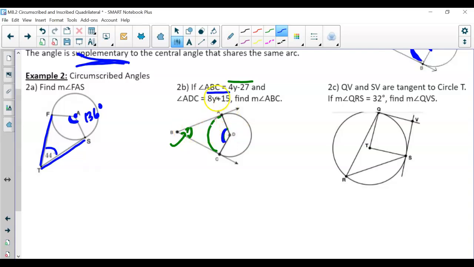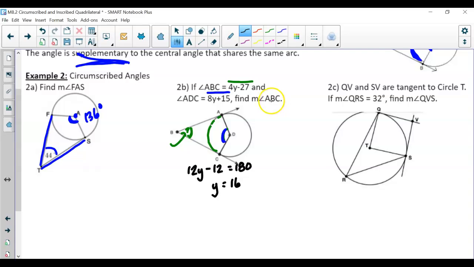So again, these two add up to 180. So 12y minus 12 is equal to 180. Now you're just solving a two-step. Add your 12, divide by 12, you get y is equal to 16.